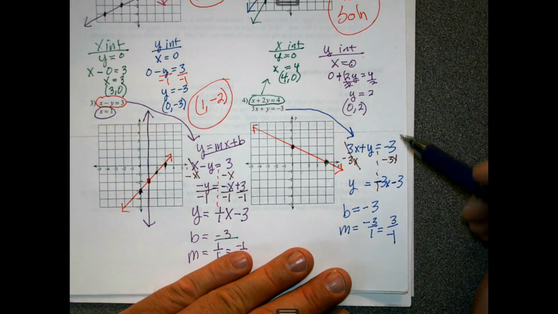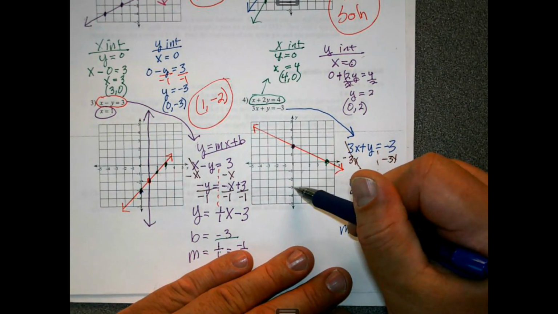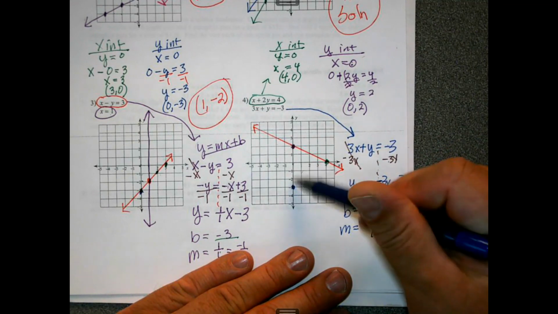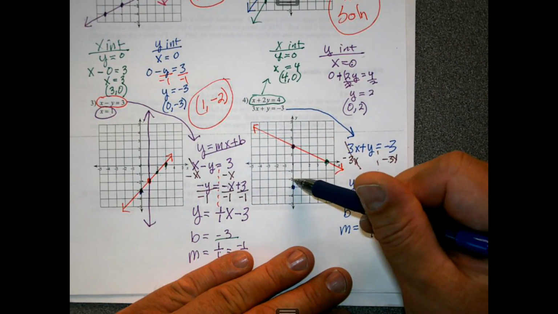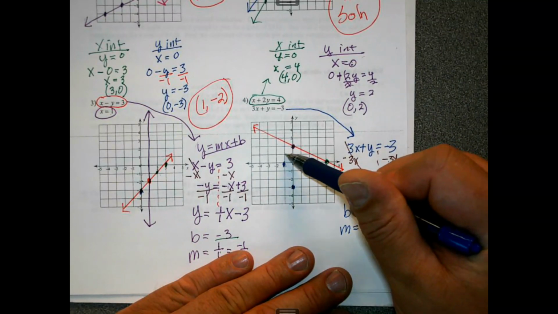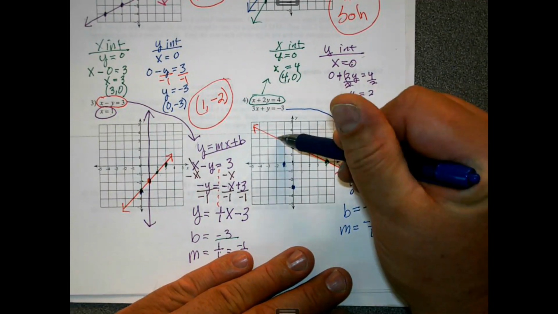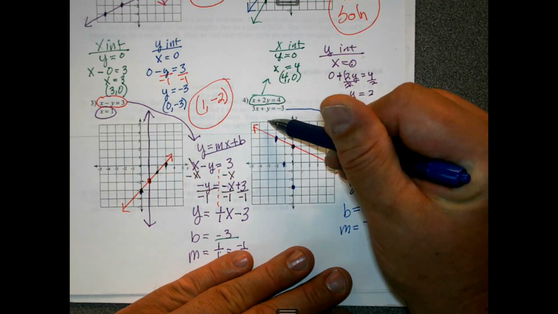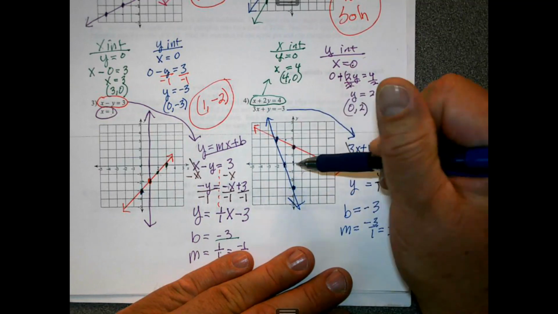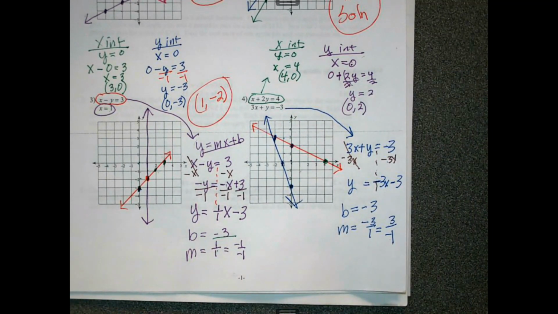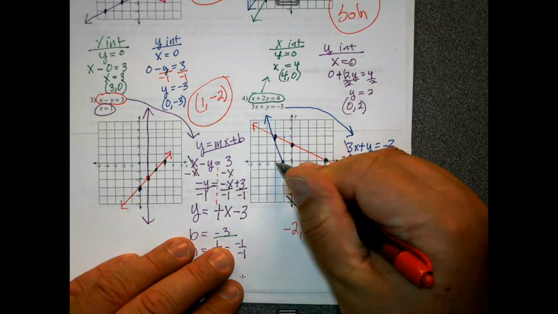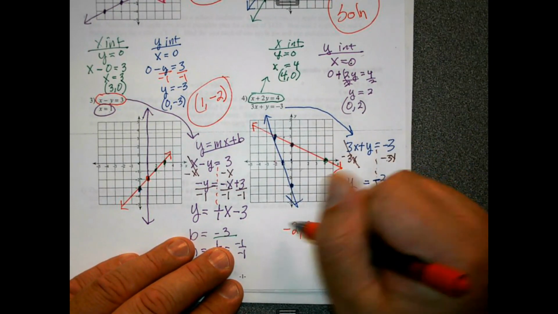Graph that line. Let's see, negative 3. And I'm going to use positive 3 so that I go up. So positive 3 to the left 1, positive 3 to the left 1, and there's my point of intersection, right? Negative 2, comma 3.